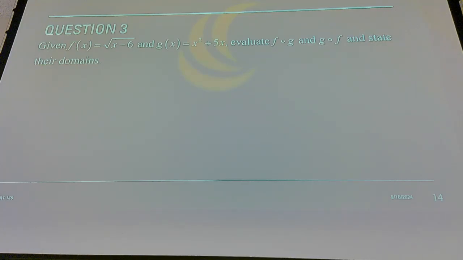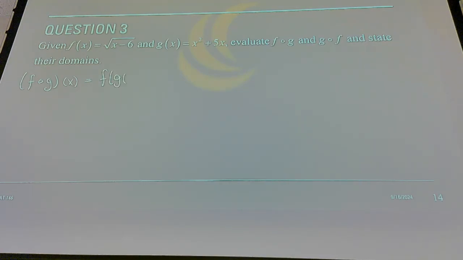Composition. F composite G. Know what that means?